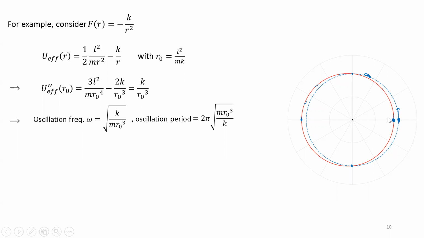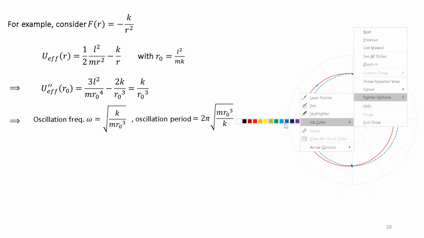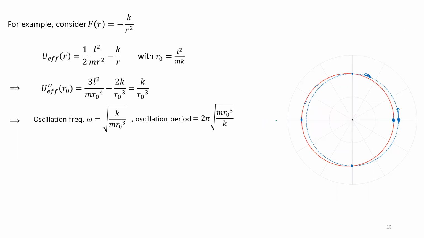Now if we take a look at the oscillation period, look at this red curve over here. What is the oscillation period? Let me add more labels. Clearly here is the minimum, so let me call this R min.